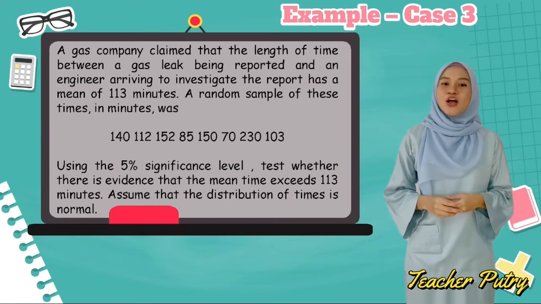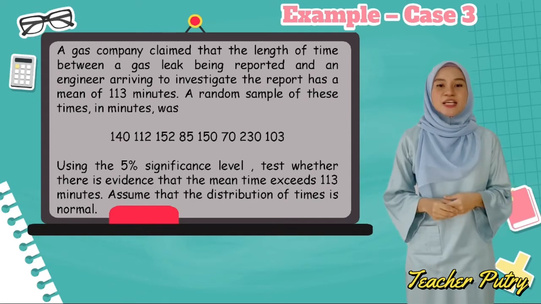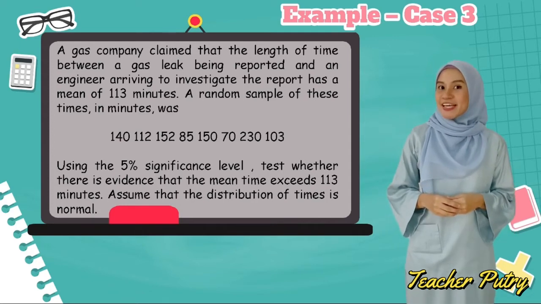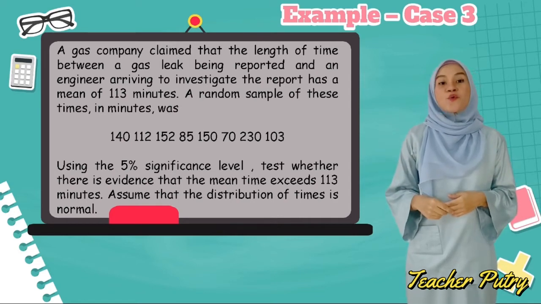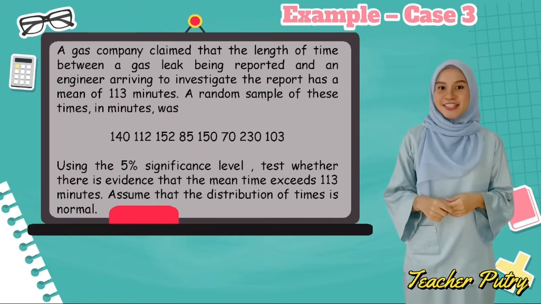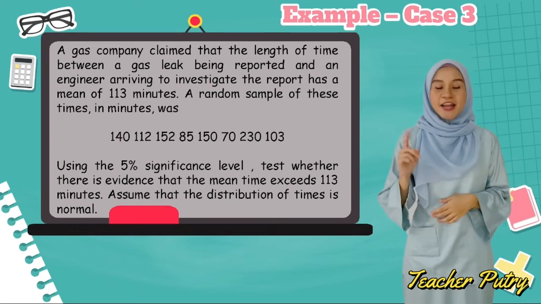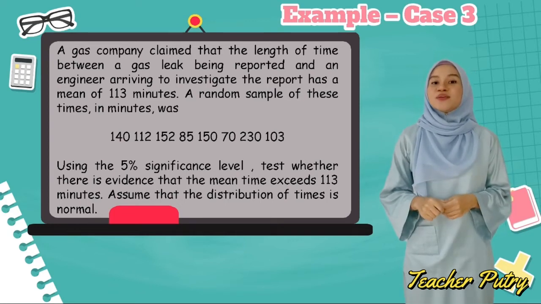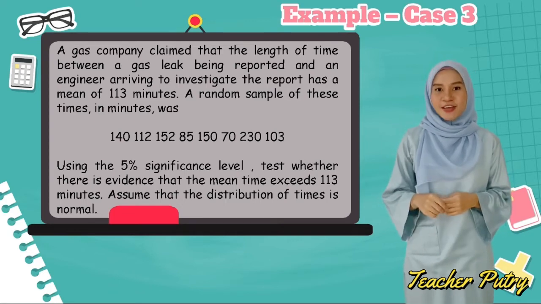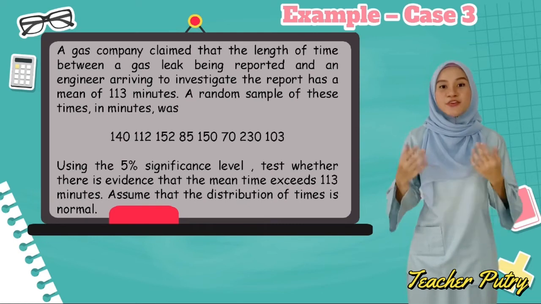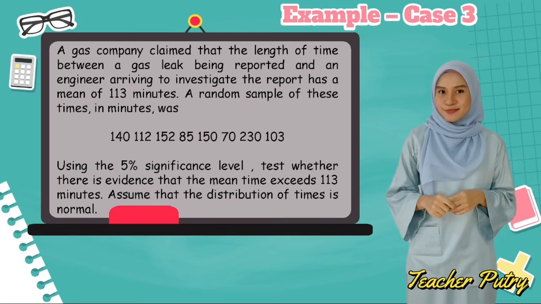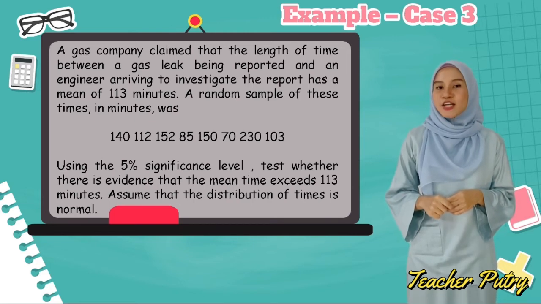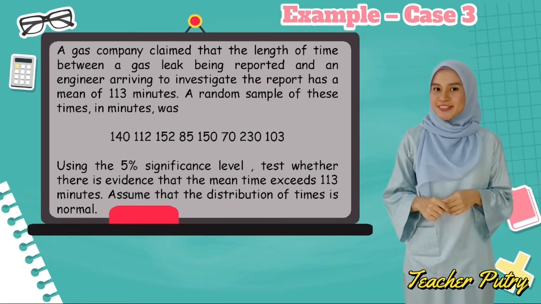A random sample of these times in minutes was 140, 112, 152, 85, 150, 70, 230, and 103. Using the 5% significance level, test whether there is evidence that the mean time exceeds 130 minutes. Assume that the distribution of times is normal.